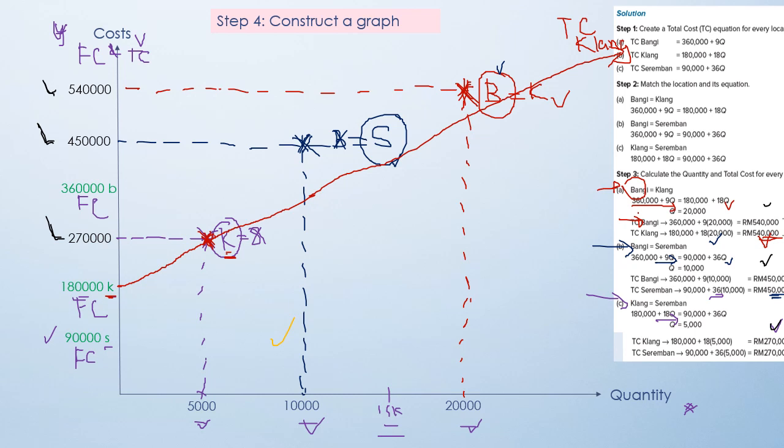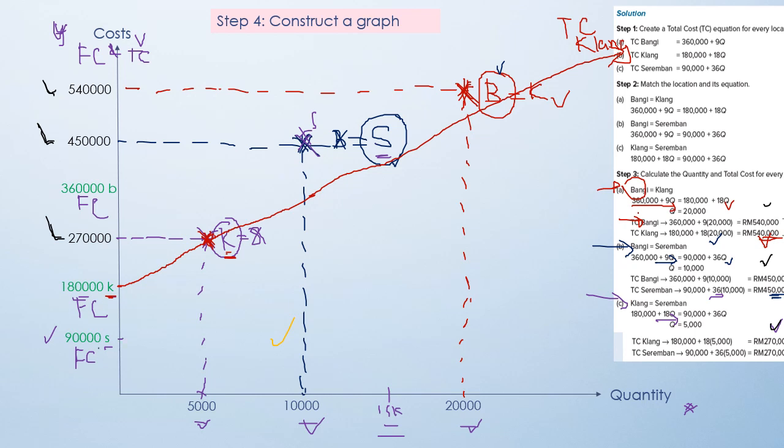Dah siap. Now we go to the second intercept, that is this one. We labeled this intercept as S, meaning that it belongs to Seremban. So how to start drawing the total cost line? We have to start from the fixed cost of Seremban because kita dah kata ini milik Seremban. So Seremban, the fixed cost is 90,000 over here.